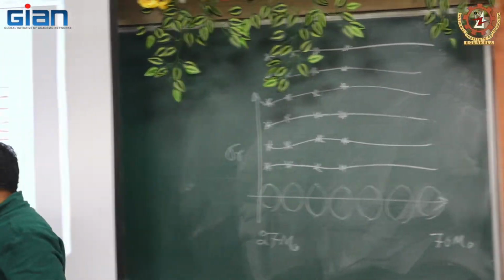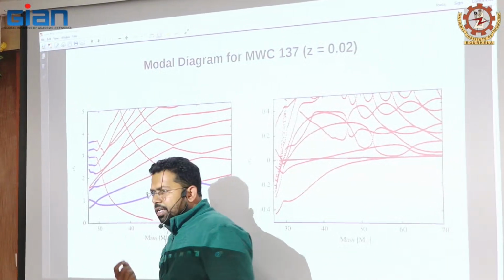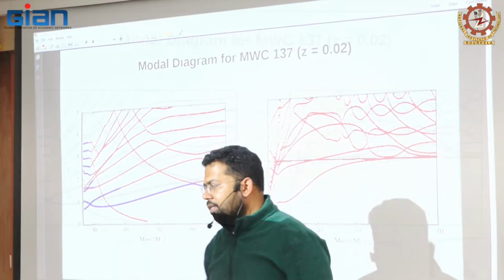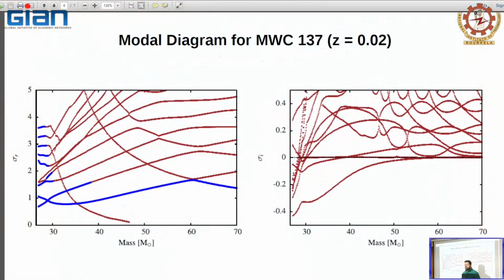In these cases, we have taken a very dense grid, so these dots look like a line, but in reality they are so dense that you see a simple line. This is the first one, second, third, fourth, fifth, and so on.